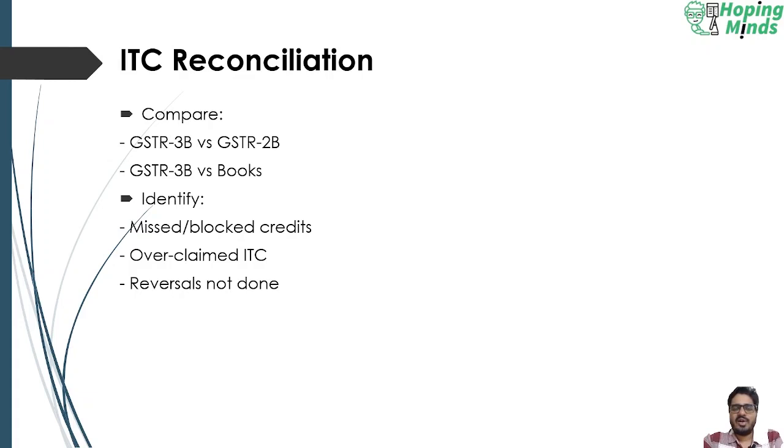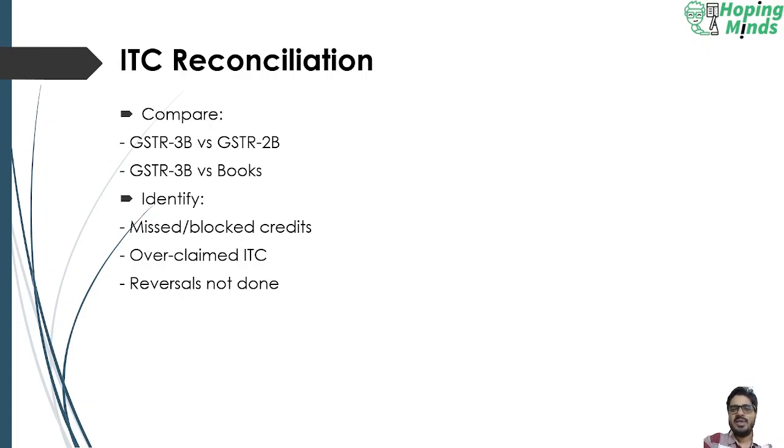GSTR 2B is the result of GSTR 1 of the supplier. So GSTR 3B data must match with GSTR 2B data. There can be differences of the input tax credit actually claimed against the input tax credits that are appearing in GSTR 2B due to many reasons like reversals or ineligible credits.